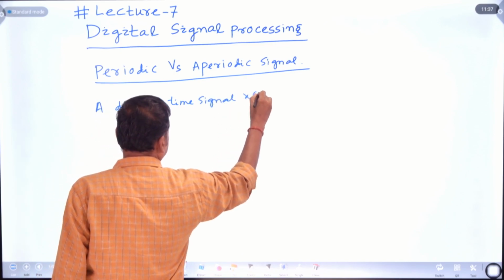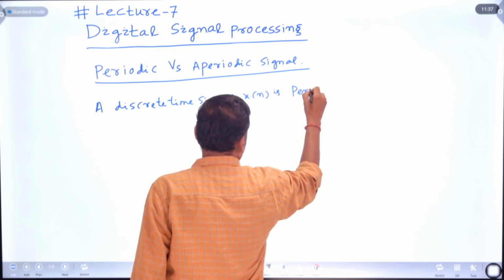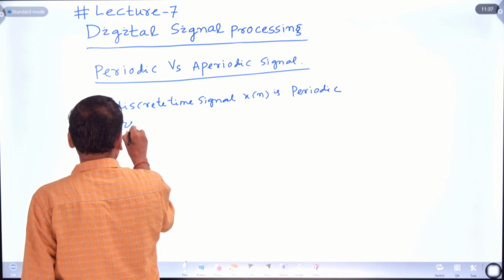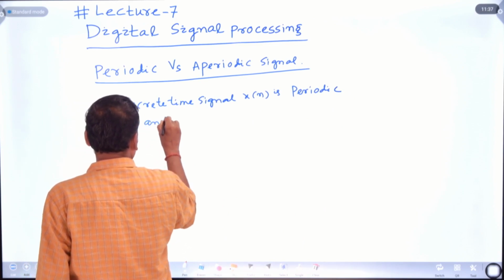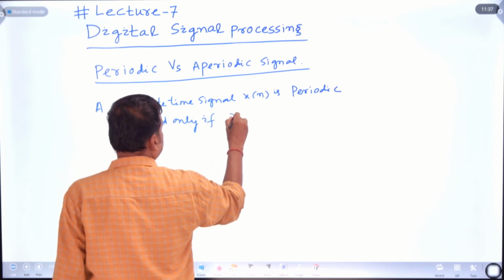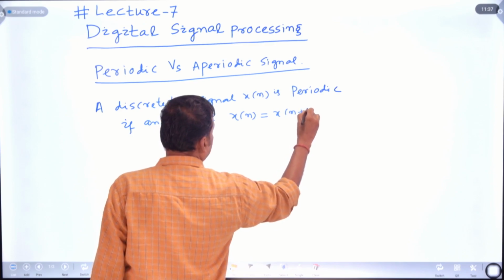A discrete time signal x of n is periodic if and only if the condition is that x of n must be equal to x of n plus capital N.